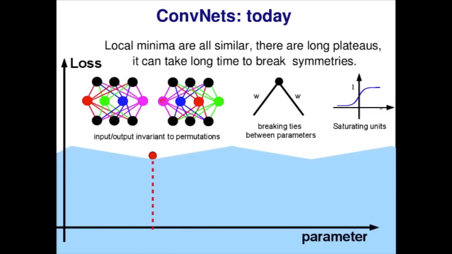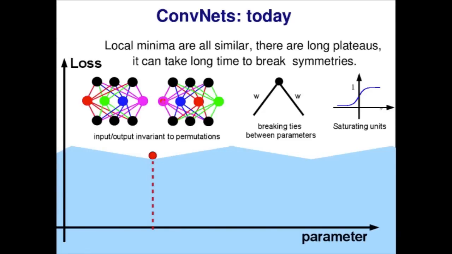And the problem is long plateaus. These plateaus are the result of a lot of symmetries, derived from the fact that you can, for instance, permute all the hidden units and get the same input-output function. If you have a lot of parameters, you can have a lot of ties to break. It might take a long time to break them.